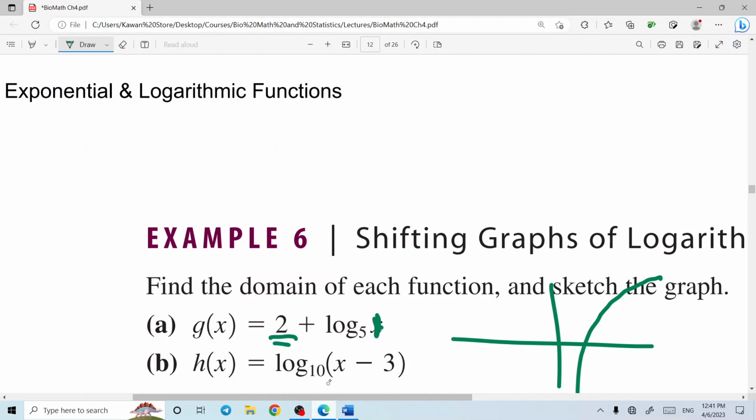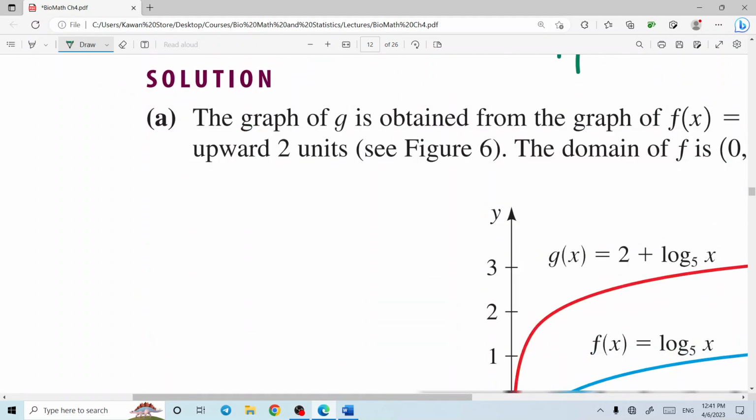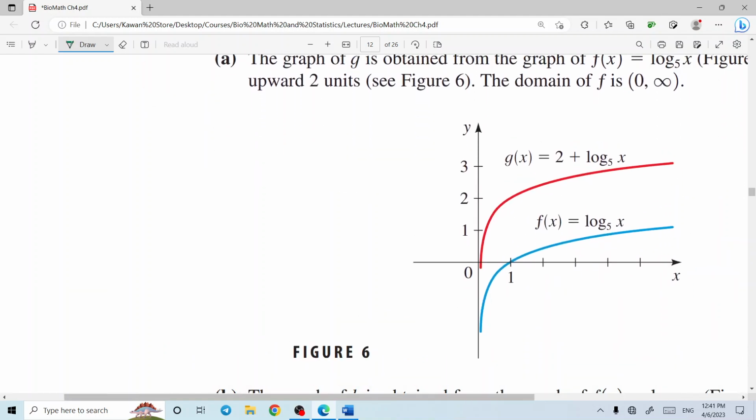So that's why the graph is like that. Maybe you ask me, why is it going up? Because we shifted it up by 2 units. You got the idea, dears? This is the original. I'm going to shift that one up by 2 units.